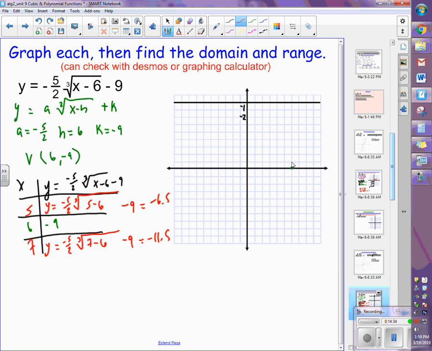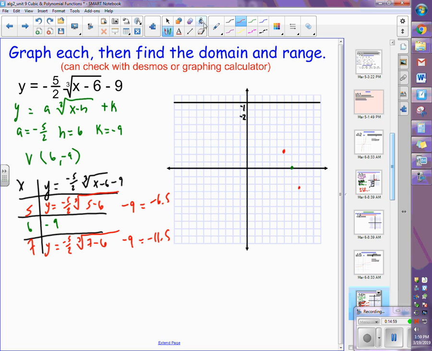So 5 and -6.5. So I'm at -9. So 8, 7. This is 6. So 6.5 is here. And I need to be at 5. So right here. All right. And then I need to go down 2.5 and over 1. So about here for the other.